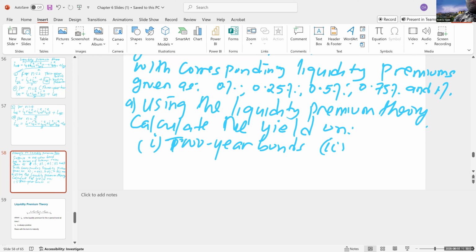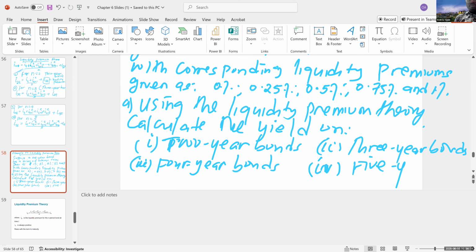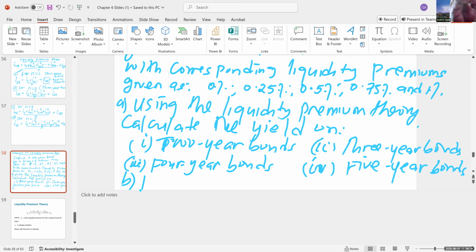Roman 2, 3-year bonds. Interest rate, then Roman 3, 4-year bonds. And Roman 4, 5-year bonds. And then B, plot the resulting yield curves. So yield curve.